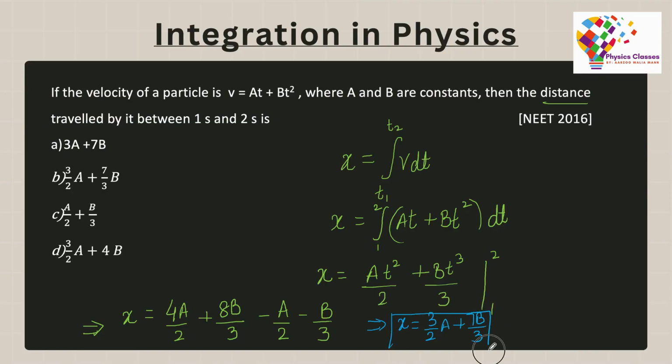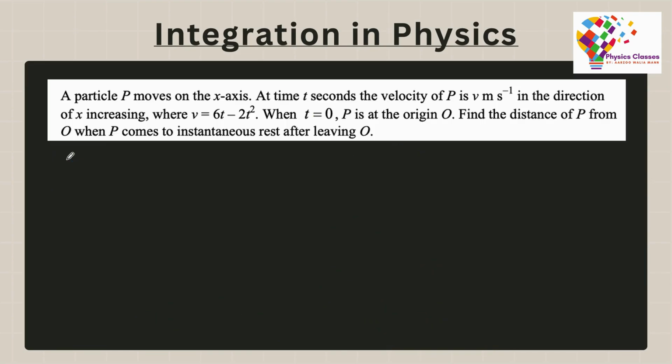Now let us look at another situation. I have a particle P that moves on the x-axis. At some time t seconds, the velocity of P is v meters per second in the direction of x increasing. That means the position or the movement and the velocity are in the same direction, where v is equal to 60 minus 2t square. When t is 0, P is at the origin.